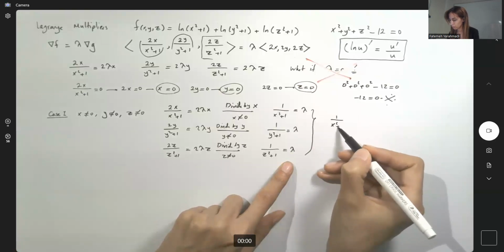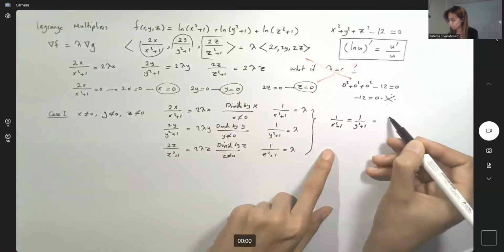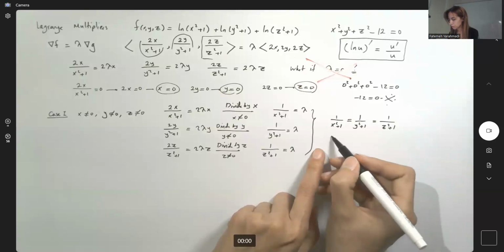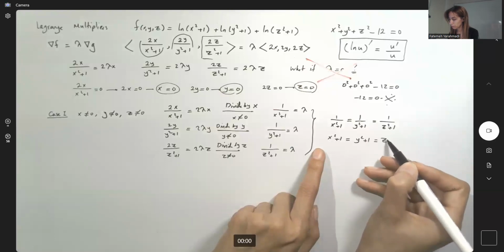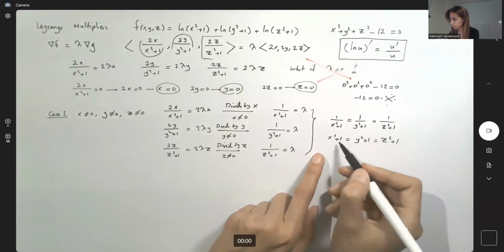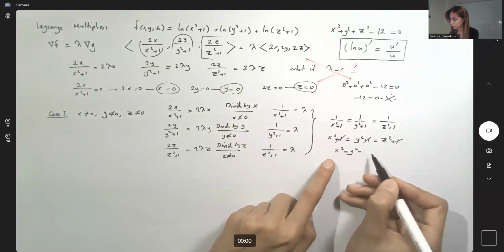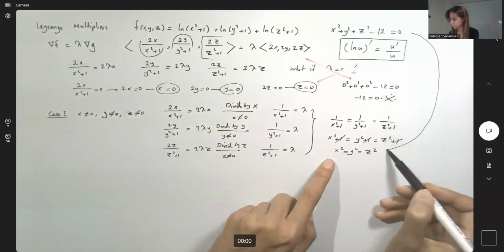So these fractions are equal to each other. 1 over x squared plus 1 is equal to 1 over y squared plus 1 is equal to 1 over z squared plus 1. What's the meaning of that? It means that x squared plus 1 is equal to y squared plus 1 is equal to z squared plus 1. Again, we can cancel 1, 1, and 1. So x squared is equal to y squared is equal to z squared. Take a look at your constraint.